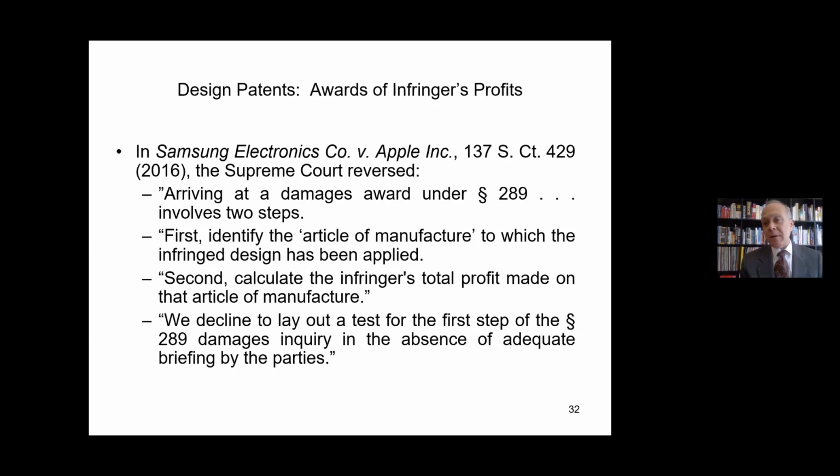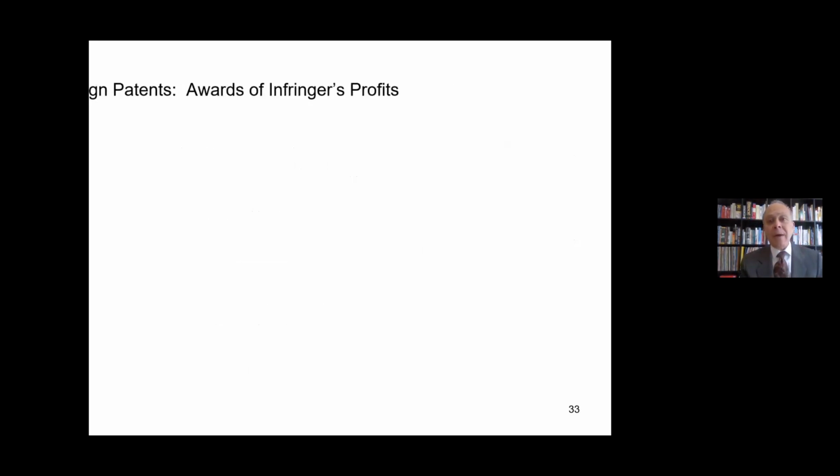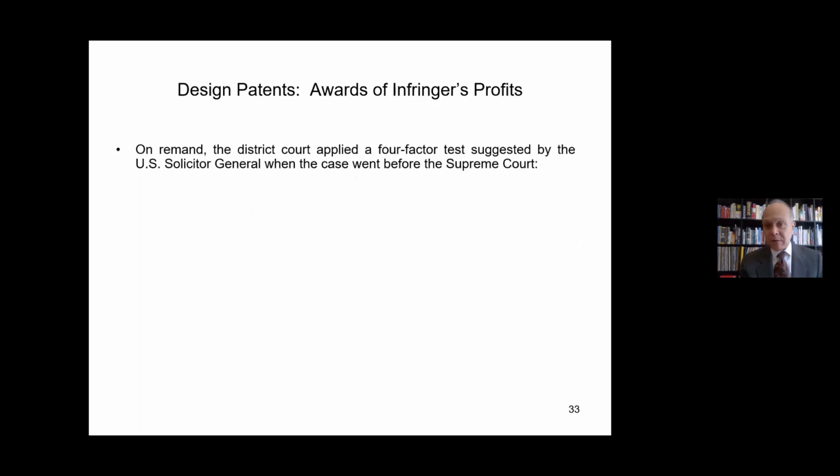And the court, a little bit unhelpfully perhaps, says we decline to lay out a test for the first step. So it leaves it to the lower courts to determine what the appropriate criteria are for defining the article of manufacture. On remand, in this case, the district court applied a 4-factor test that had been suggested by the United States Solicitor General in the case before the Supreme Court.